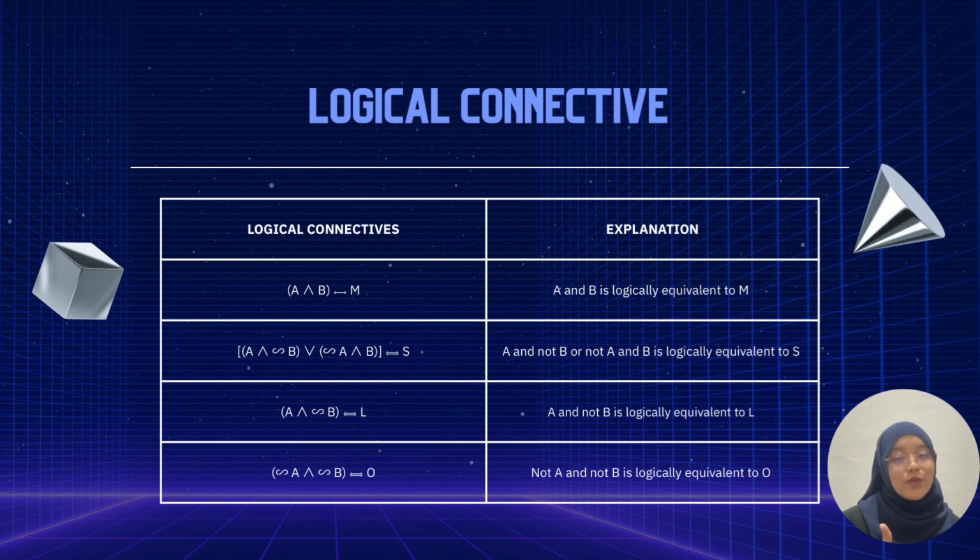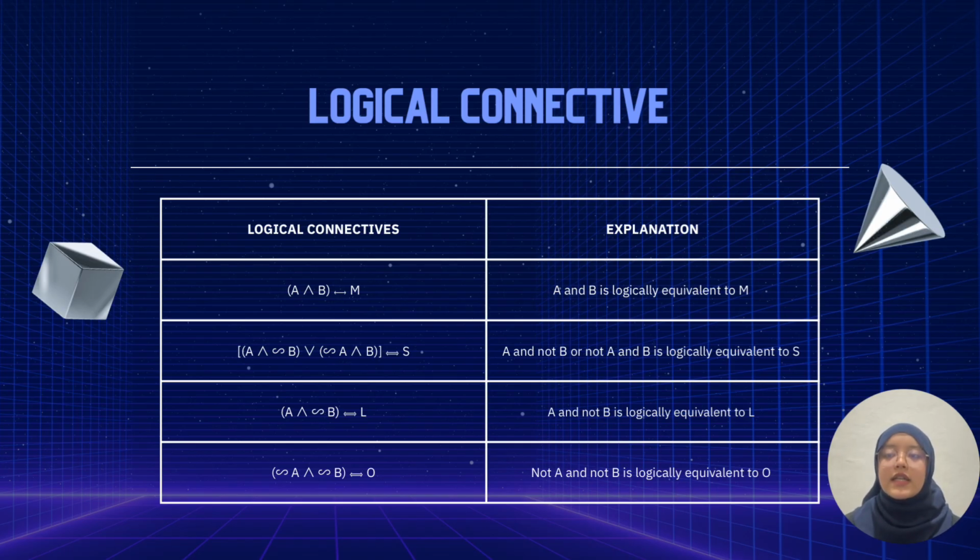So first, we use the formula A and B is equivalent to M. It explains that the gate moving M is logically equivalent to the activation of either input A or B. Second, for more complex safety switching, we utilize the expression A and not B or not A and B is equivalent to S. So this states the condition is met only when A is true while B is false, or vice versa.